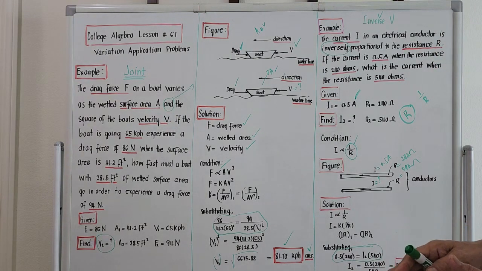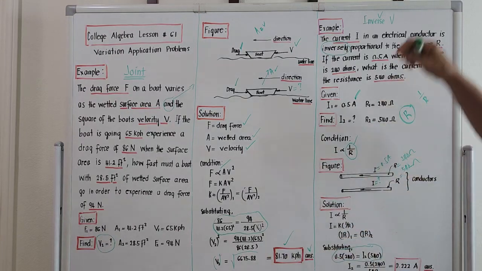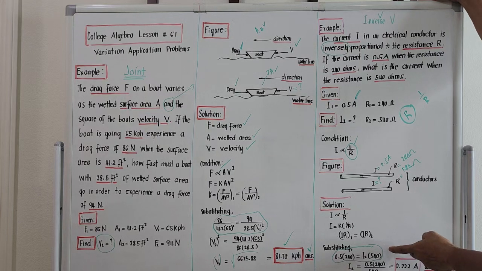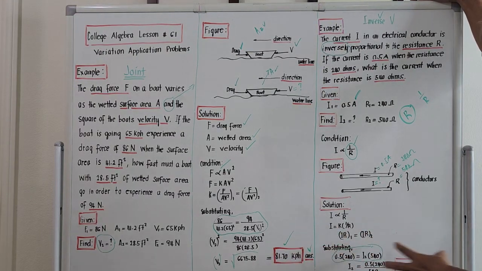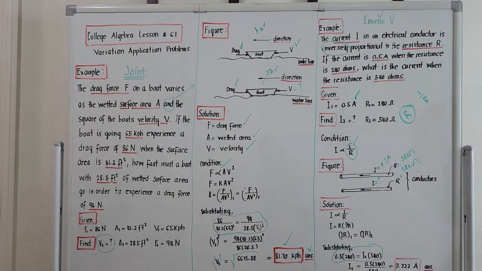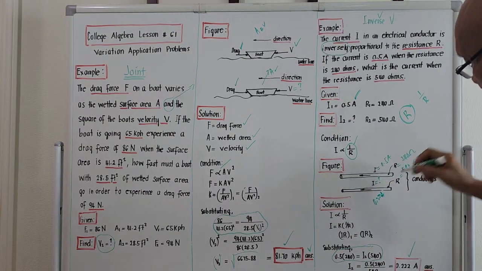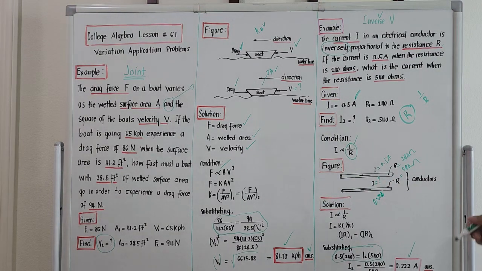X and y is just a representation in algebra. So computing for I sub 2, we must eliminate this 540 here. Dividing both sides by 540, I sub 2 will be 0.5 times 240 over 540, and what will come out is 0.222 ampere. So in here, the current should be 0.22 ampere. Oh, that's it.